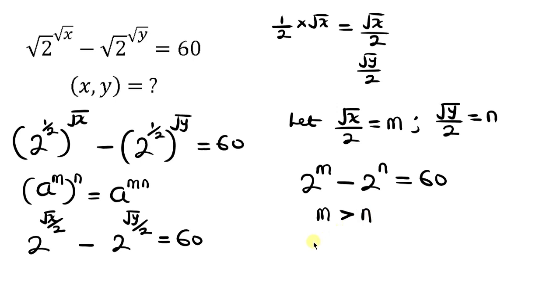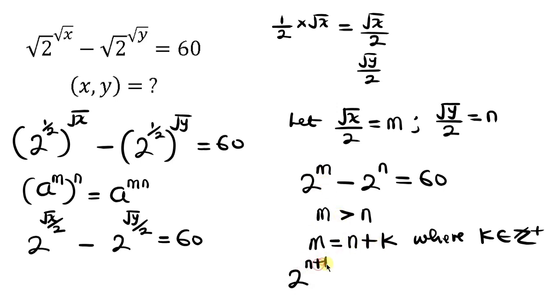In other words, m is equal to n plus some positive integer k, where k belongs to the positive integers. So substituting this here, the expression becomes 2 to the n plus k minus 2 to the n, equal to 60.